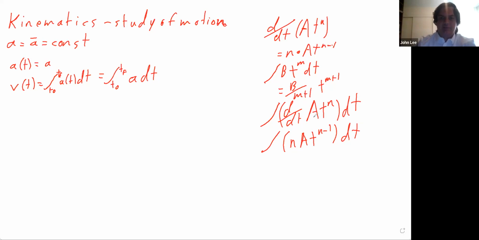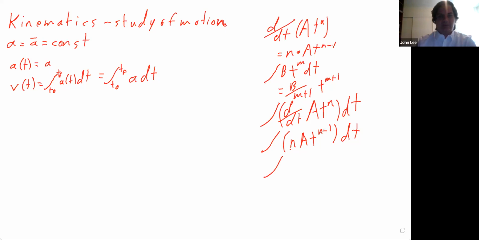It's the derivative of a times t to the n, and if you take this derivative, it gives you this value, and you're integrating that.